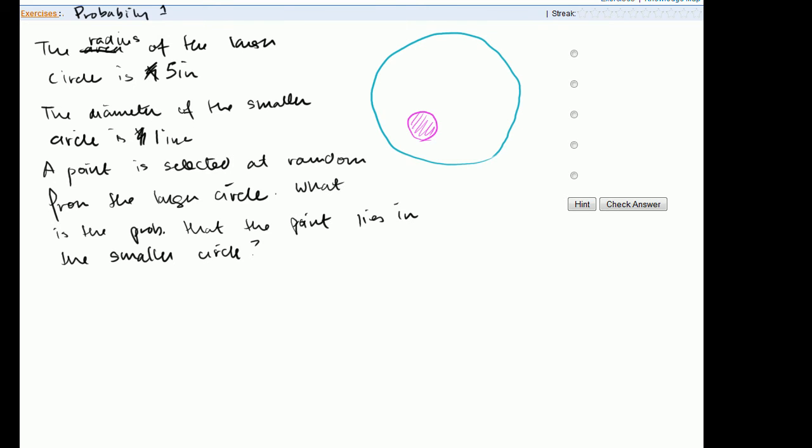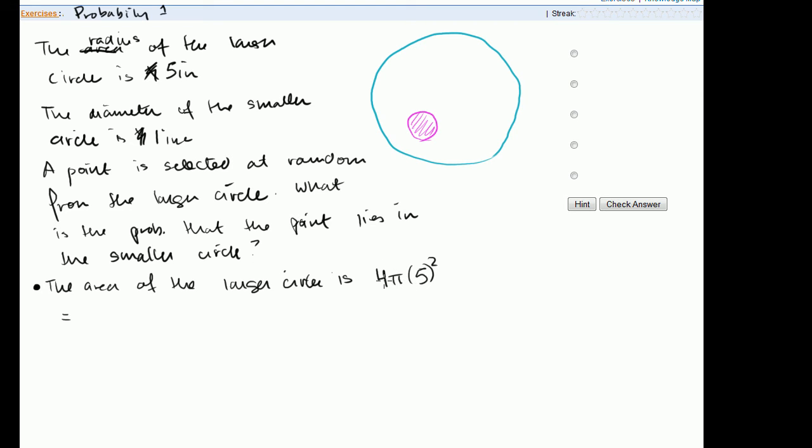So for this particular problem, the first hint would be the area of the larger circle is pi times 5 squared, and we're going to assume that they've already done the basic geometry module.